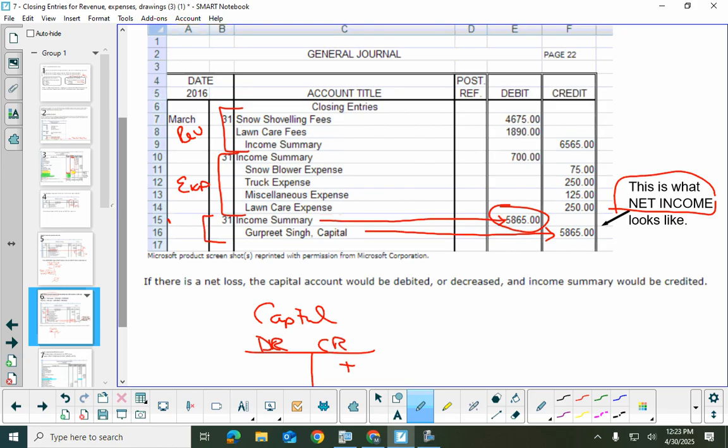This is what closing net income looks like. Okay. So revenue gets closed to income summary. Expenses get closed to income summary. Income summary gets closed to capital. Those are the three steps. Okay.